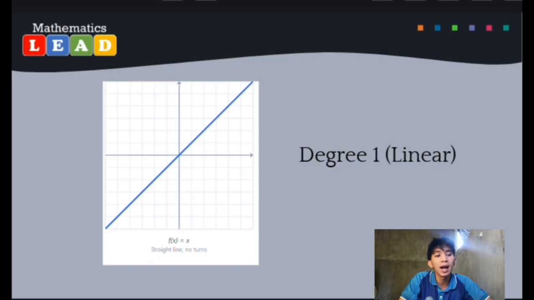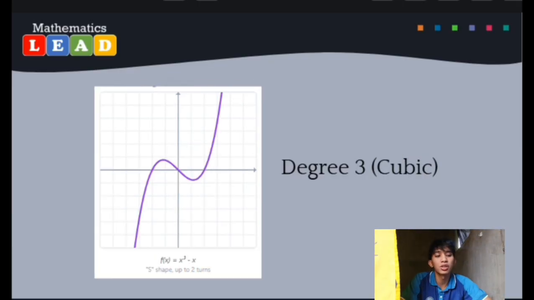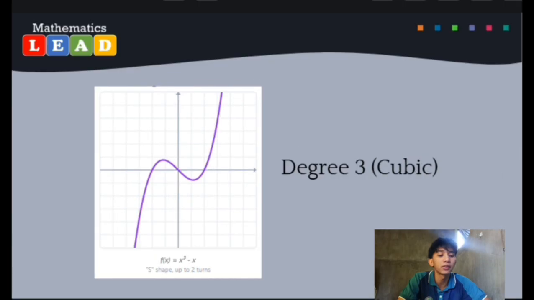The shape is an S-curve or snake. Opposite ends because 3 is an odd number, so a negative number stays negative. Negative 2 raised to 3 is equal to negative 8. And a positive number stays positive. 2 raised to 3 is equal to 8. This means the graph generally starts low and ends high, or vice versa.